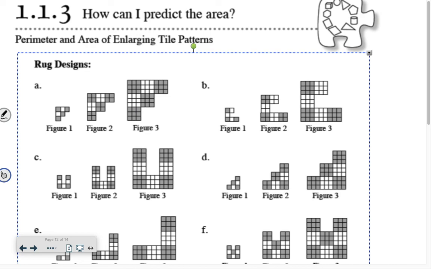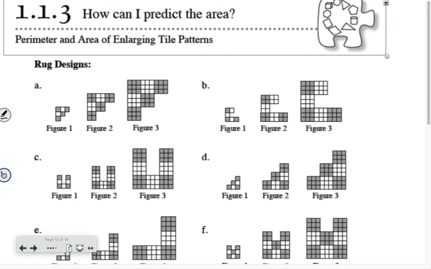Okay? So, as you're looking at the pattern, what do they all have in common? They all have 6, right? The thing that changes is the size of those shaded blocks. 1 by 1, 2 by 2, 3 by 3, and Ella, what did we come up with? The figure number should be squared. 2 by 2, that's figure 2. 1 by 1, figure 1. 3 by 3, figure 3.